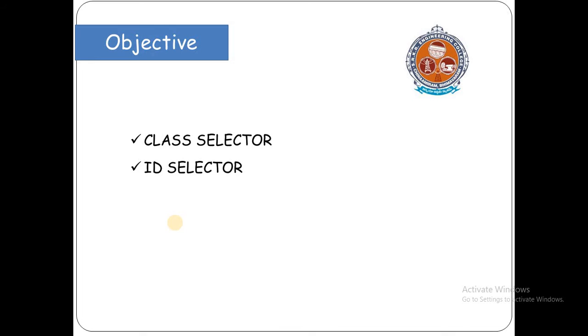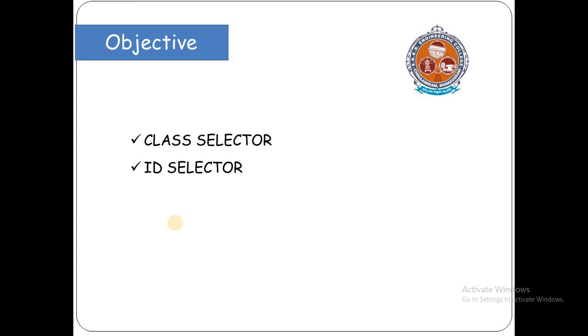The main idea behind class and ID selectors is this: suppose there are six paragraph tags or six h1 tags in our page, and you want to apply the same properties to three h1s and different properties to the other three h1s.